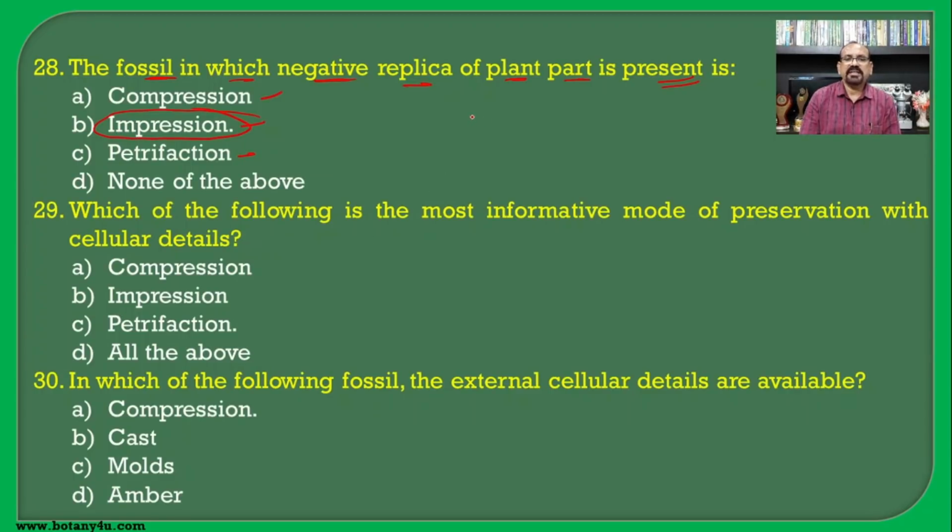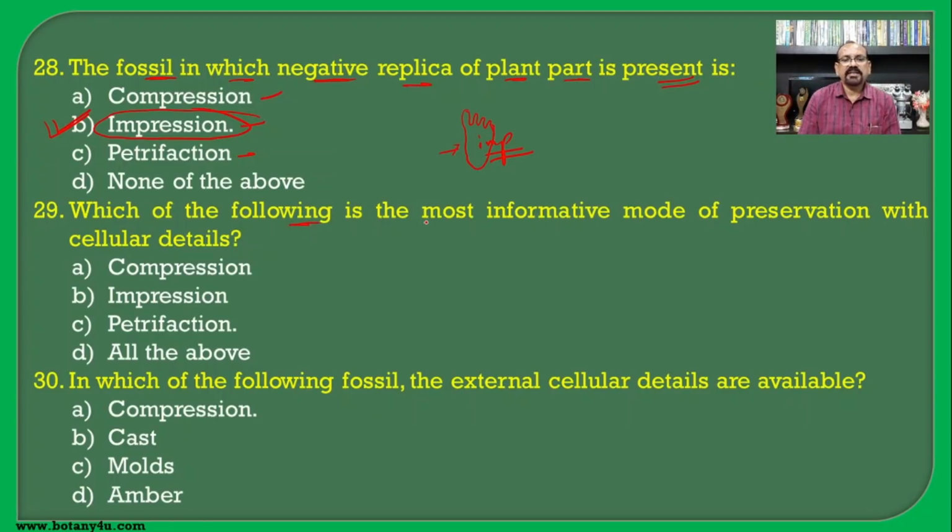Say for example, if this is an impression of our feet, you will find that this impression will be the negative to our feet, and hence the impression is a type of fossil which is a negative replica.